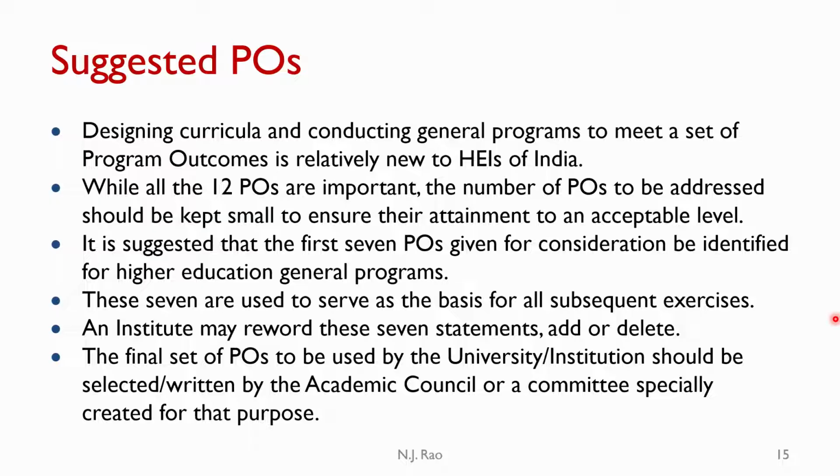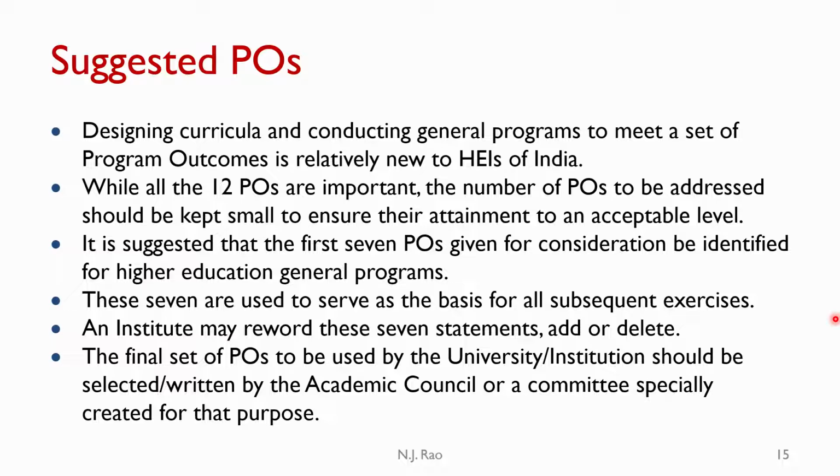The institute may consider this: there are several levels. Out of the 12, you may delete some from the 7 or add some; that is one level. And having selected the 7, you may want to reword some POs.